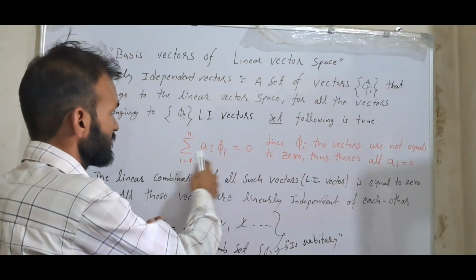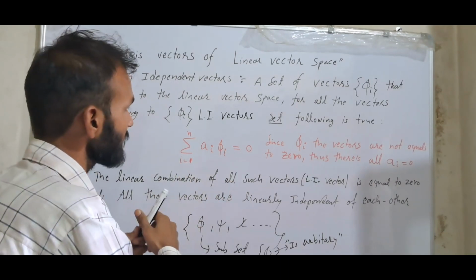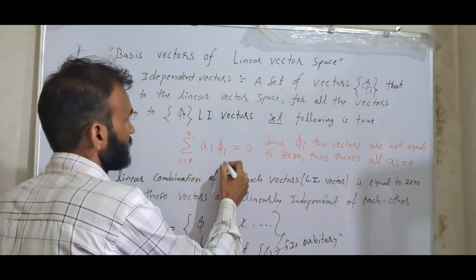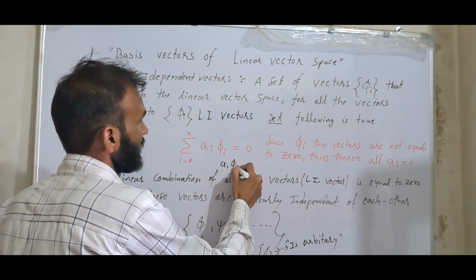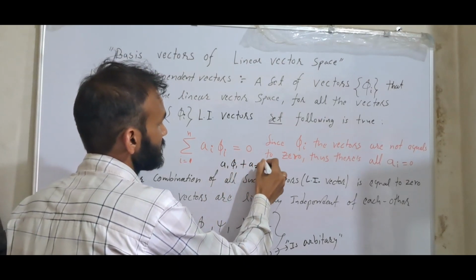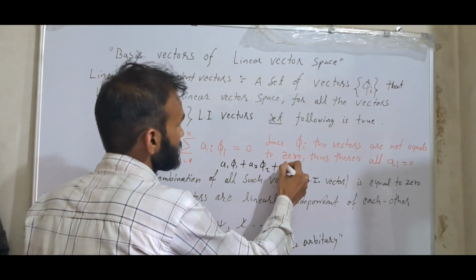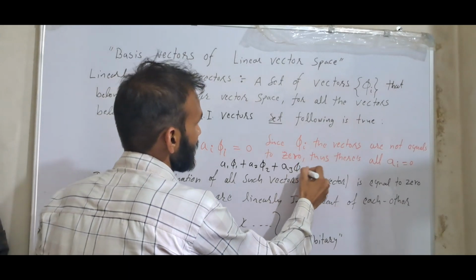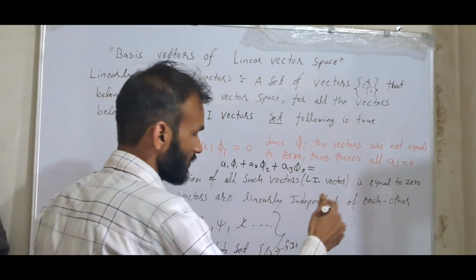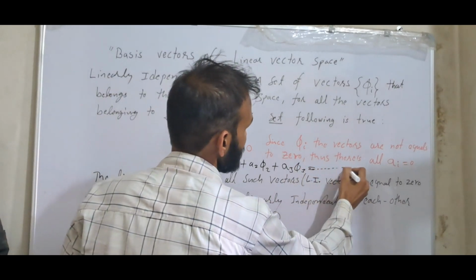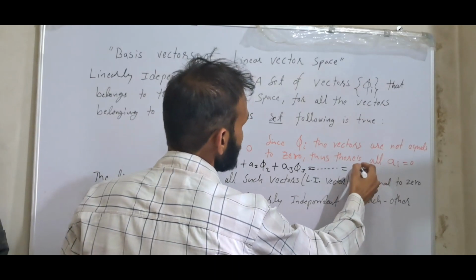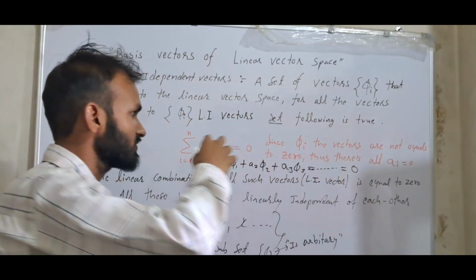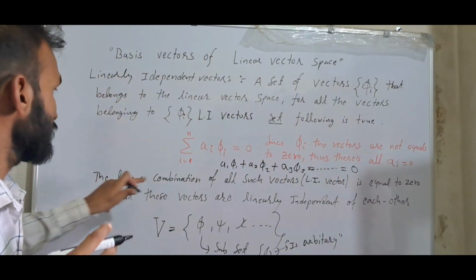So this is just a linear combination, and it can also be expanded as a1 phi 1 plus a2 phi 2 plus a3 phi 3 and so on, up to a_n phi_n, and this equals 0.